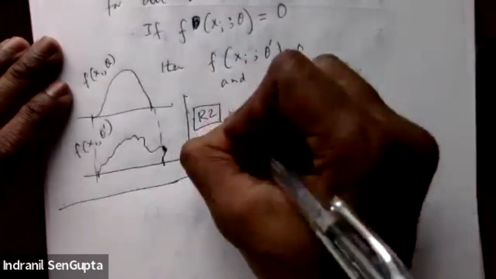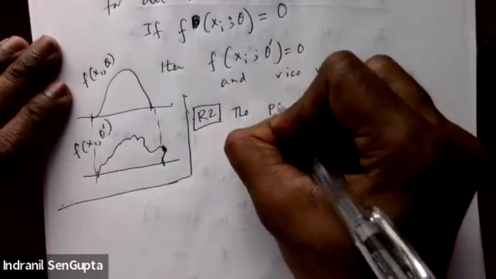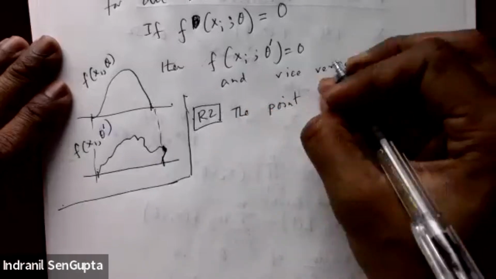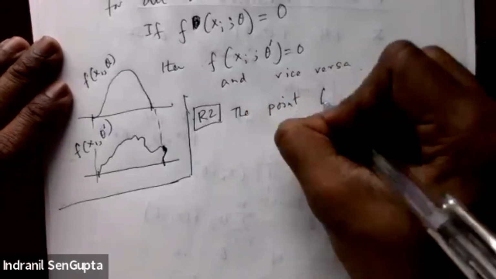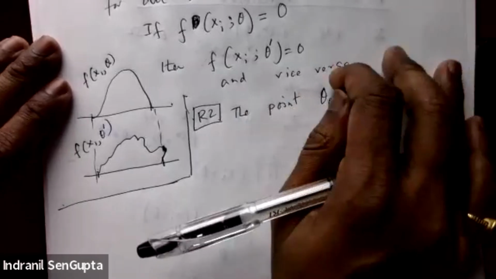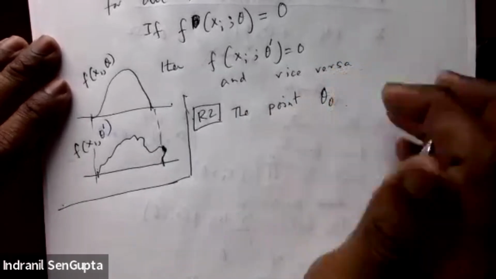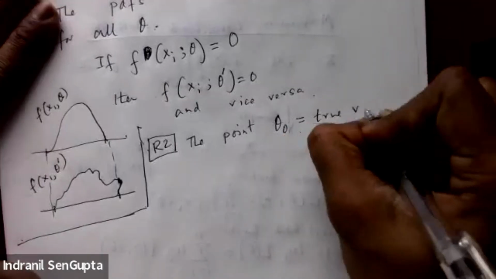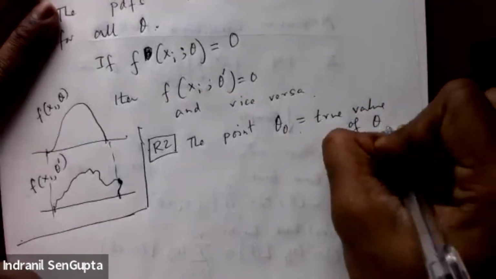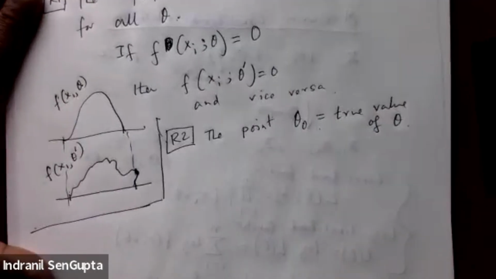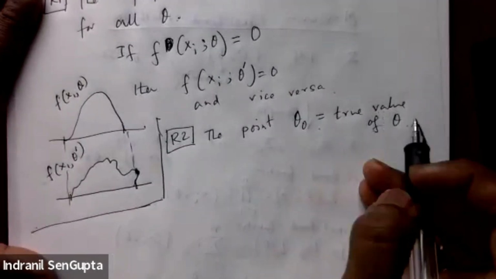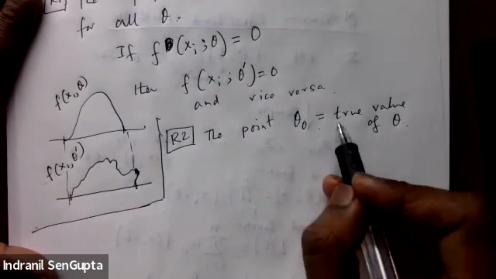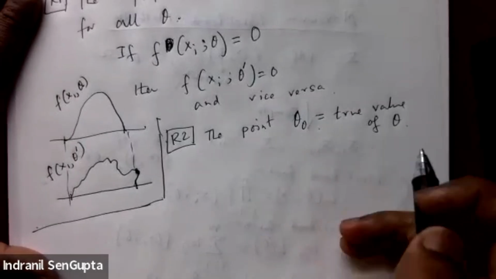And finally we assume the point theta 0. What is this theta 0? Theta 0 is the true value of theta, whatever maximizes the log likelihood function.